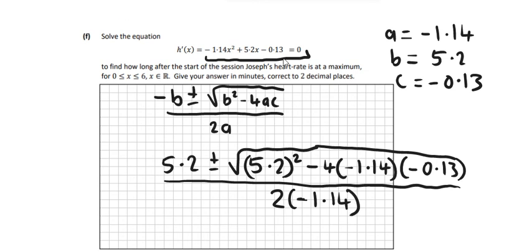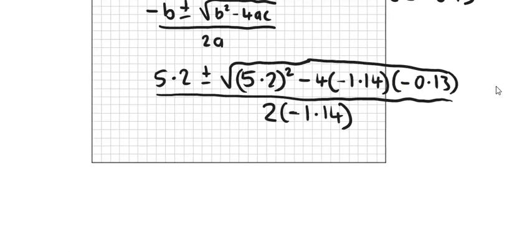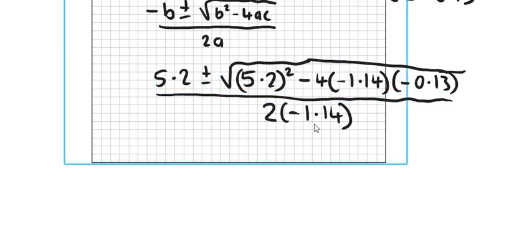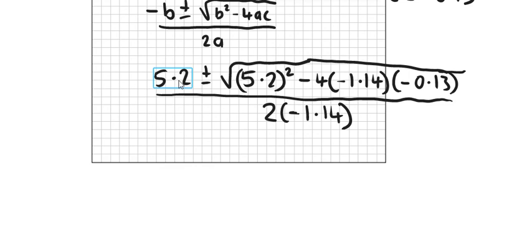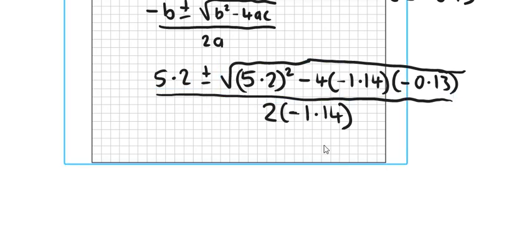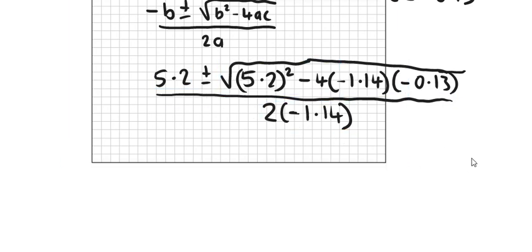Okay, so you need to be good with your calculator here, obviously. You're going to get two different answers. You do 5.2 plus the big square root, all over 2 times minus 1.14, and 5.2 minus the big square root, all over 2 times minus 1.14.